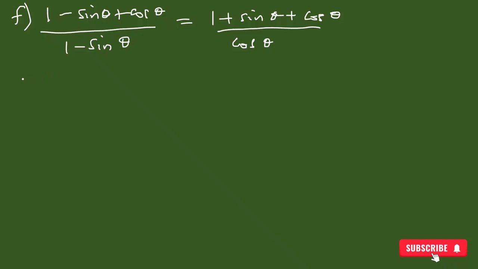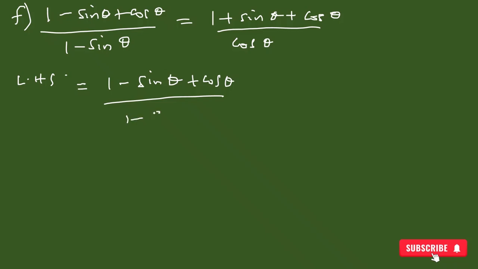Okay, for me I will prove from the left hand side. The next step will be, of course, let me not rewrite the left hand side, but for you, write it. Left hand side is equal to, I'll rewrite it as this, plus cos theta over 1 minus sine theta.